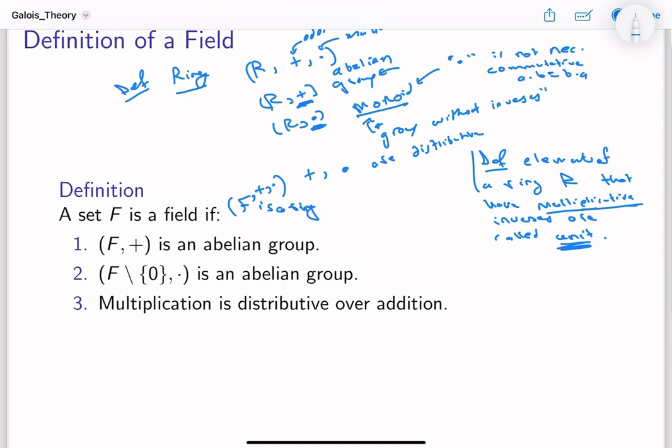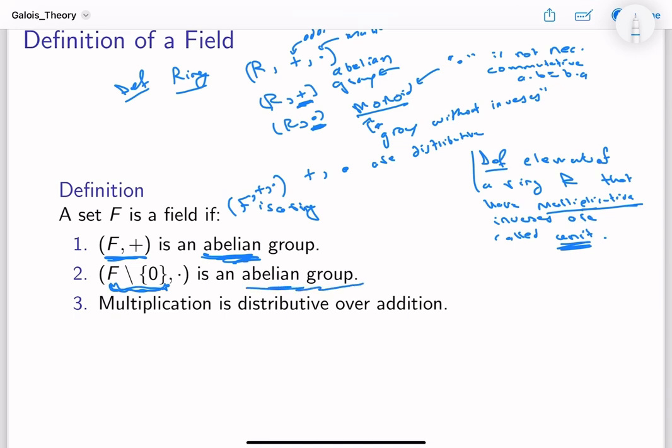And what we require is that, since it's a ring, we know that over addition it forms an abelian group. We require that it's an abelian group, which means it's a commutative group. And the other thing that we require is that F take away 0, if we take away 0 from F, is an abelian group.